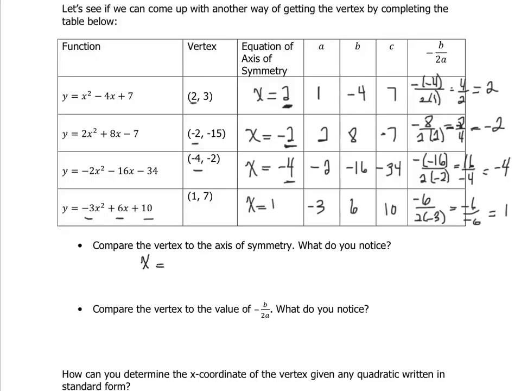the x-coordinate of the vertex is the equation for the axis of symmetry.